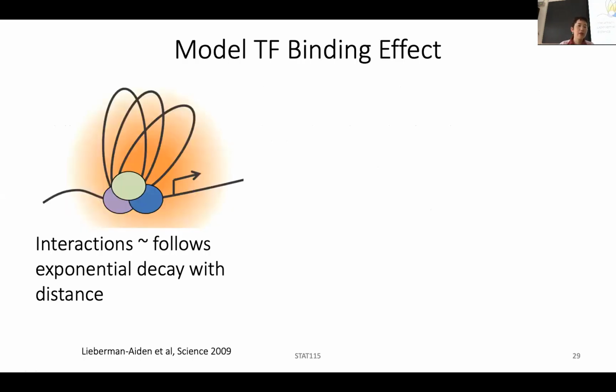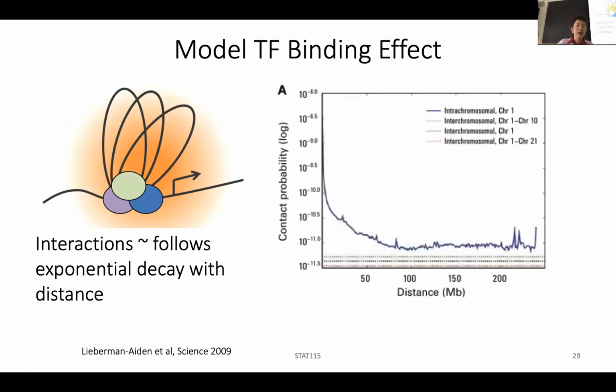And so in terms of modeling the binding effect, we will have a later lecture directly on chromatin interaction looping. But just to give you a general idea, people notice this potential exponential decay, which means that if the binding is very close to the gene, then that gene is more likely to be regulated by the transcription factor.